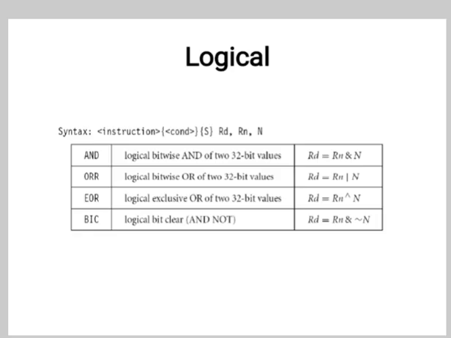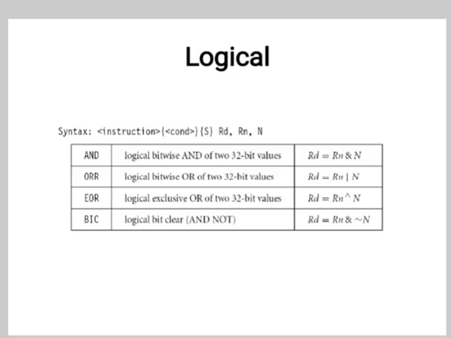So here AND Rd, Rd is the destination register. So ANDing of Rn and N will take place and the answer is stored in Rd. ORing of Rn and N takes place and is stored in Rd.